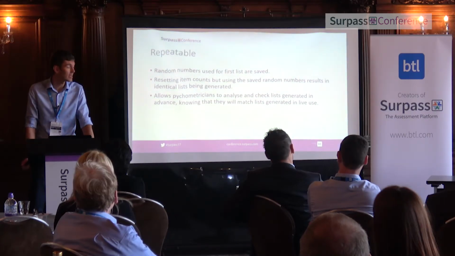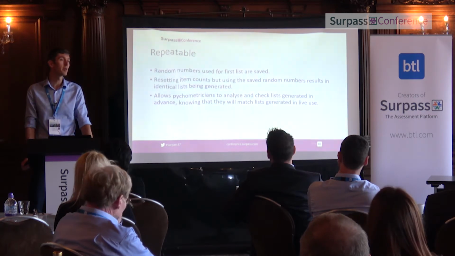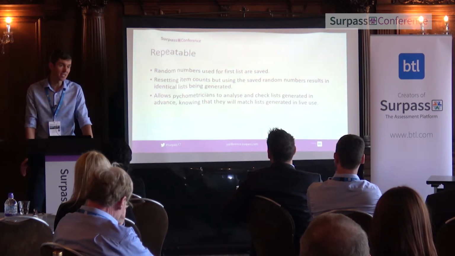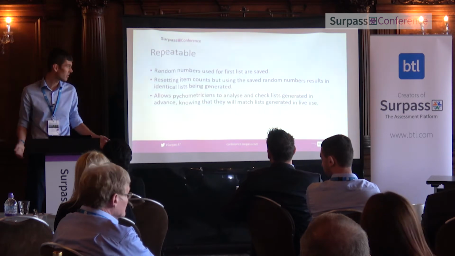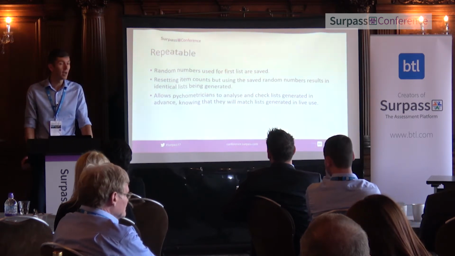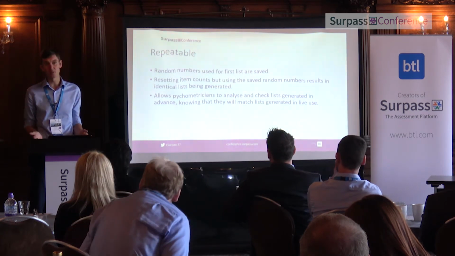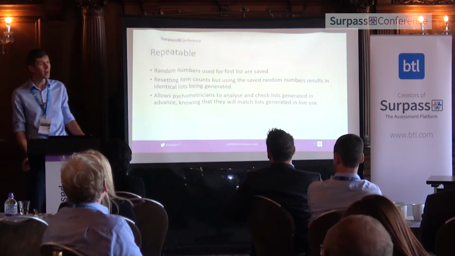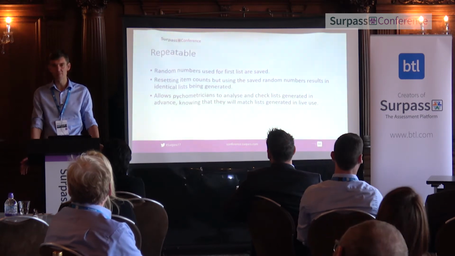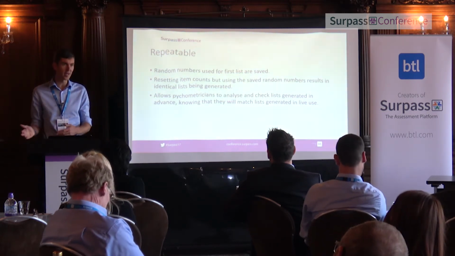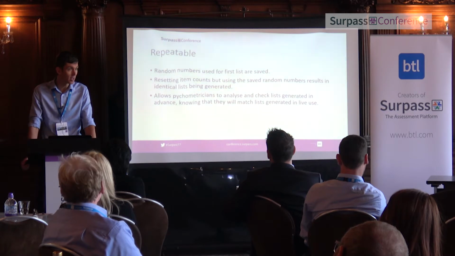So what we decided is to have a way of generating lists in a simulation, effectively in the lab, and then we could give those lists to psychometricians or whoever wants to analyse them, just to check that they are acceptable and all within the bounds, that the overlap's not too high, and that they haven't got too high exposure.